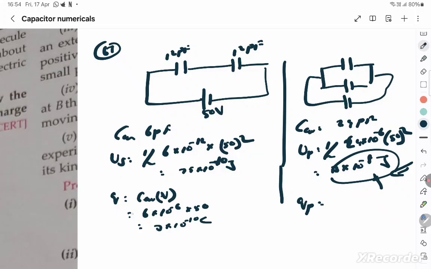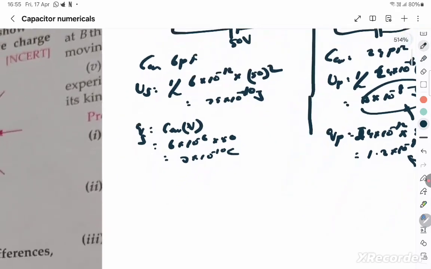The charge across parallel is C equivalent, 24 into 10 to the power minus 12, into voltage 50, which gives 1.2 into 10 to the power minus 9 coulomb. So the charge is greater. That's that question. Let's go to the next question.